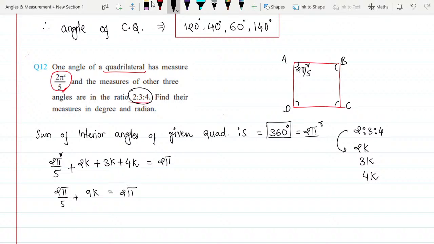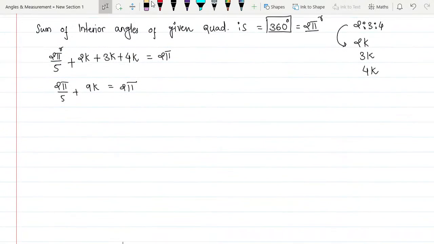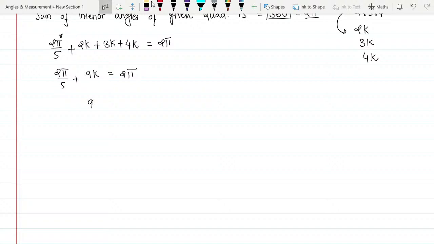Now let's solve for k. 9k equals 2 pi minus 2 pi by 5. If I do cross multiplication, I will have 10 pi minus 2 pi upon 5. 5 into 2 is 10, so it becomes 8 pi by 5.